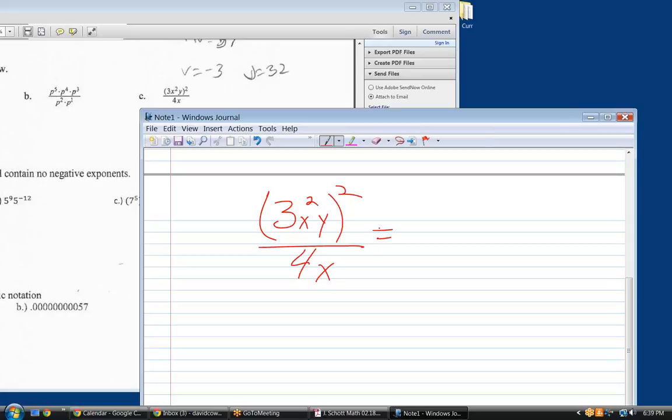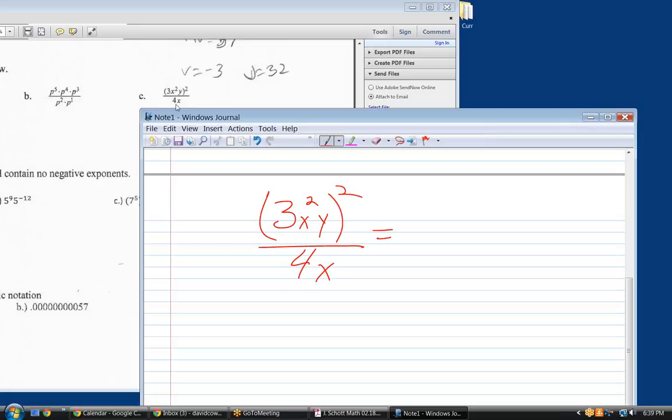What's the first job here? Multiply. Well, no, add. You want to get rid of the exponent or the parentheses, or both. Okay?